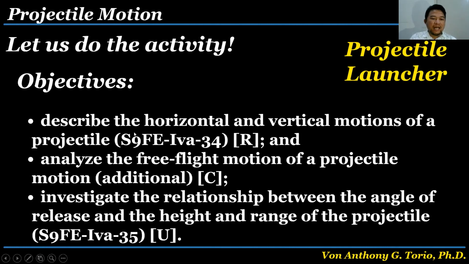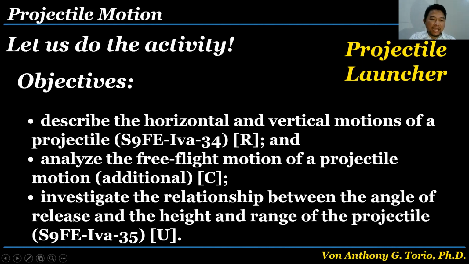First, the competency related to projectile motion can be found in the Grade 9 Science 9 physics topic. The code is S9FE-IV, that's fourth quarter, first week, competency number 34: describe the horizontal and vertical motions of a projectile, and analyze the free flight motion of a projectile.